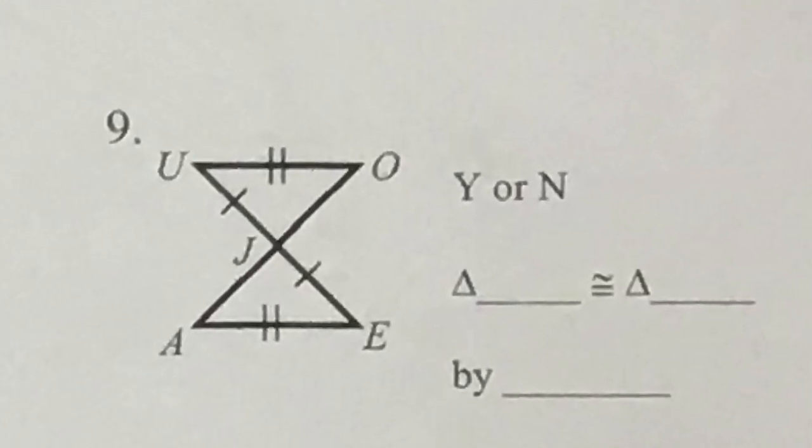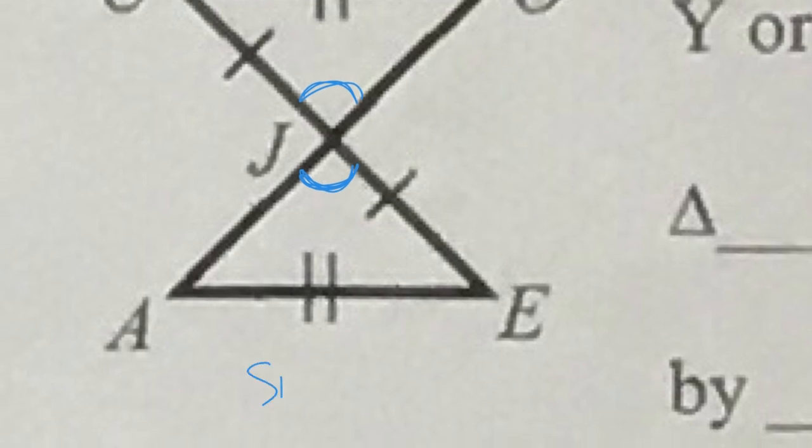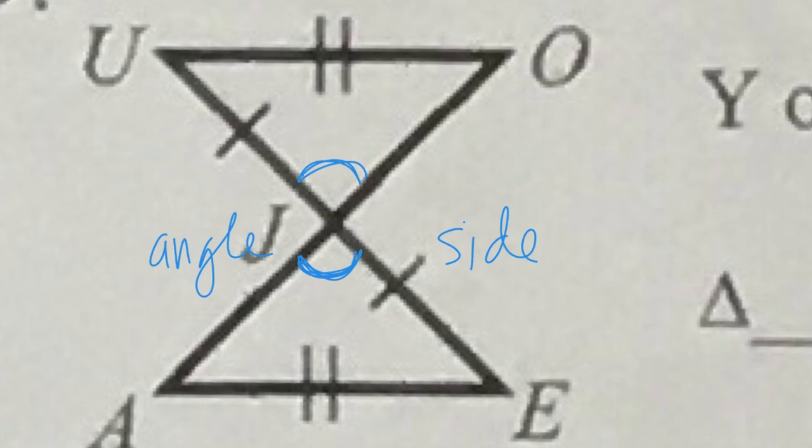Okay, number 9. What can we add to number 9? Once again, vertical angles. Okay, so is this enough information? We have a side here, and we have a side here, and we have an angle. If you flip back over to your notes page, is there such a thing as side-side-angle? Or if you want to be profane, angle-side-side, which is why we don't have an angle-side-side, because we don't use profanity in geometry.